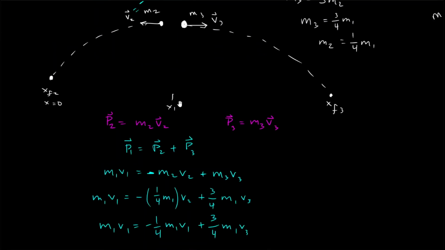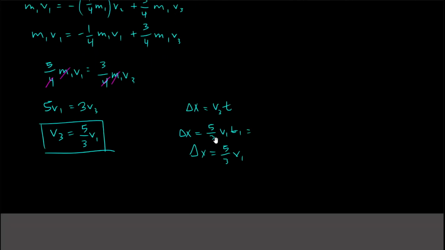But then we have to remember that's the displacement from xi to xf3. So this position, total displacement from 0 to xf3, is 5 thirds xi plus xi equals 8 thirds xi.